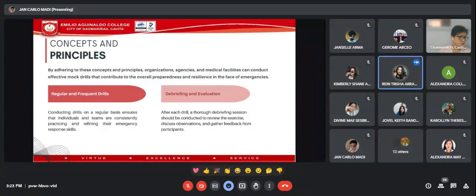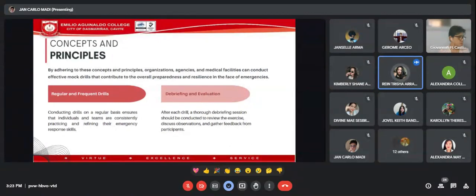Next naman po is the regular and frequent drills and debriefing and evaluation. So, sa regular and frequent drills po, nagsasagawa, for example po, sa isang company or let's say sabihin na natin na sa hospital, magsasagawa tayo ng whether announced or unannounced drills, mock drills.